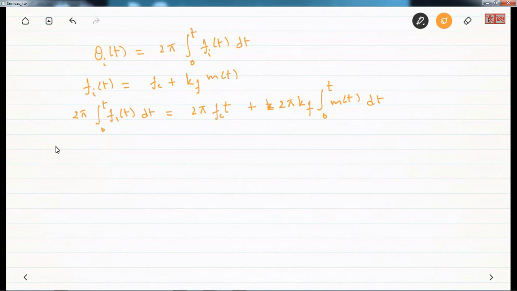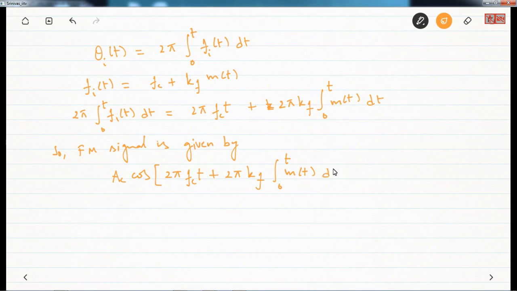So the FM signal is given by Ac cos of 2 pi fct plus 2 pi into kf integral 0 to t m of t dt.